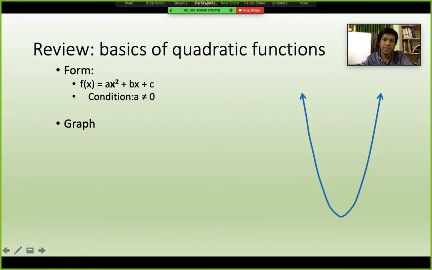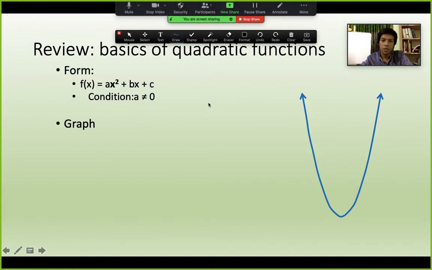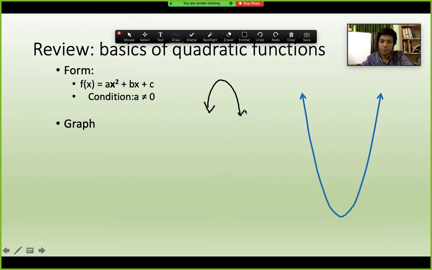If the value of a is negative, then the graph will be like this. Suppose the value of a is negative, then the graph will be like that. And if a is positive, then the graph will be like this.